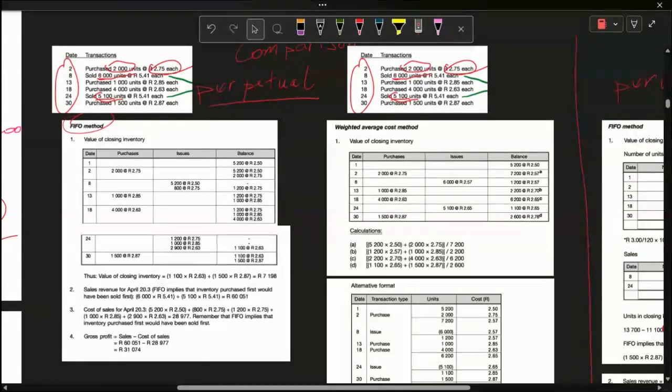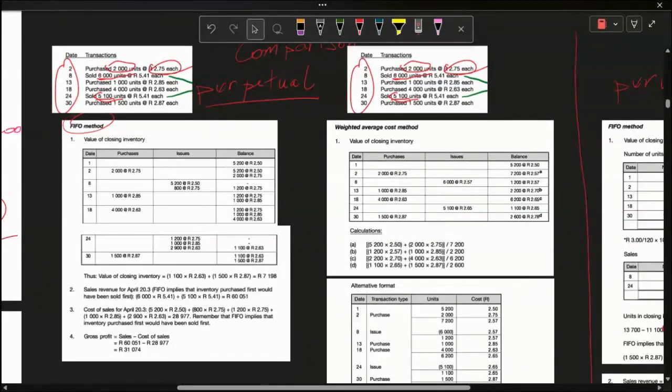You will get the average if you are using the weighted average cost method. If they are asking you for the weighted average cost method, you take 5,200 multiplied by 2.5, plus 2,000 multiplied by 2.75, divided by the total units. The total of 5,200 and 2,000 gives you 7,200.